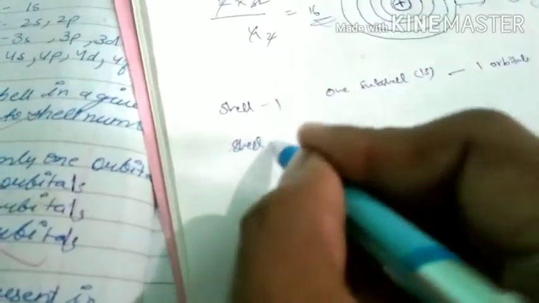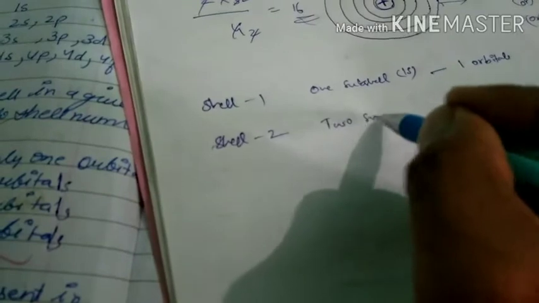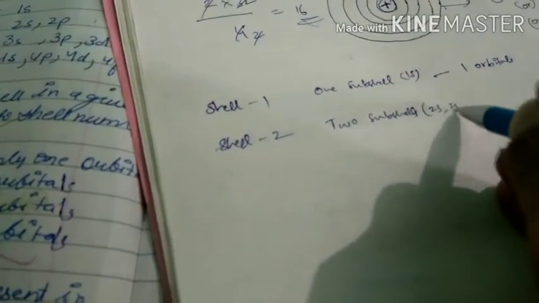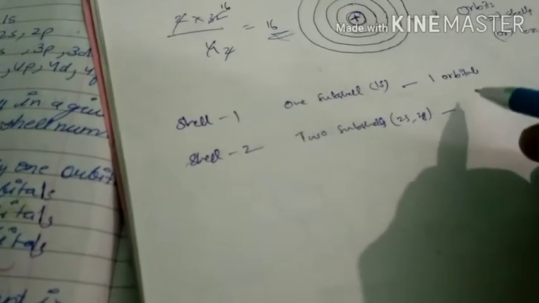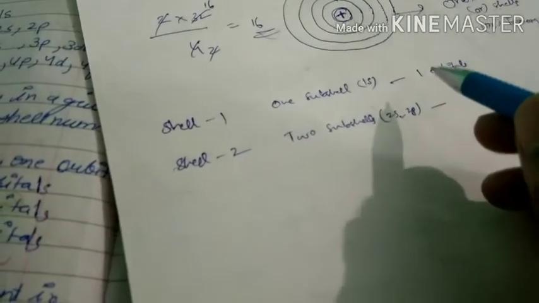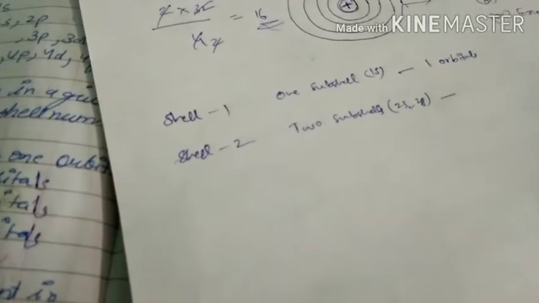Suppose shell 2, the second shell. It contains how many subshells? 2 subshells. They are 2s and 2p. Here how many orbitals? 4 orbitals. How can we say that? Because s contains 1 orbital, either 1s, 2s, 3s, 4s. Any s contains 1 orbital.